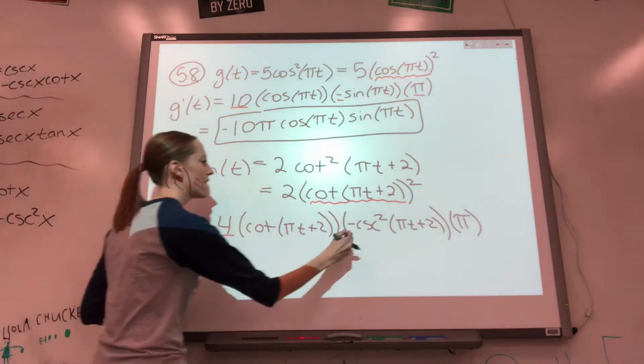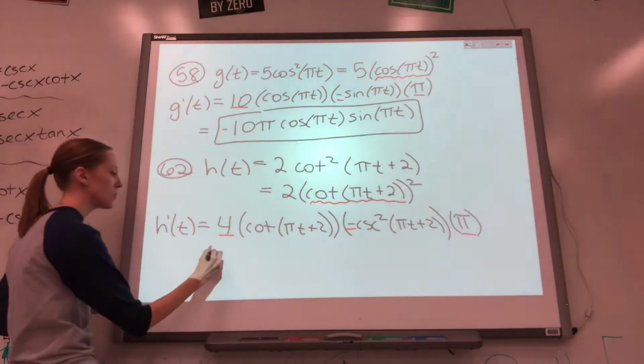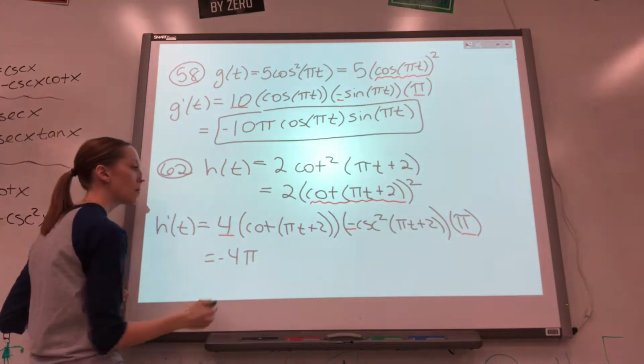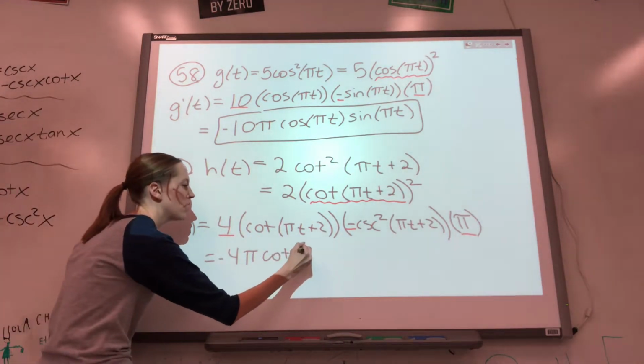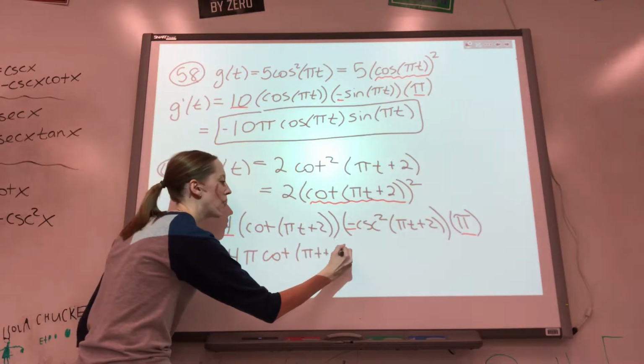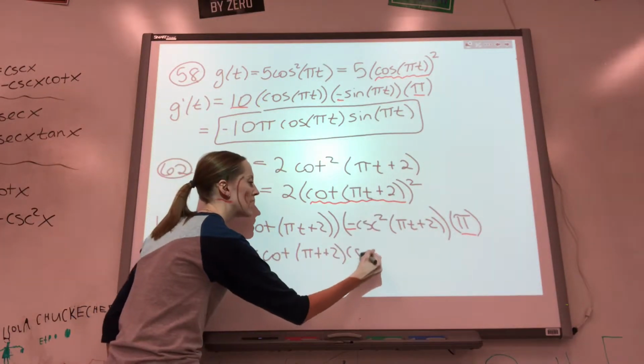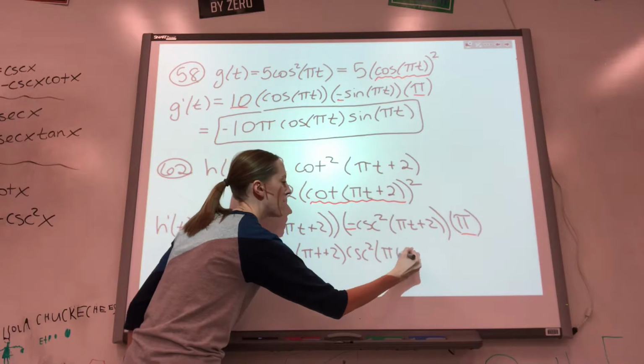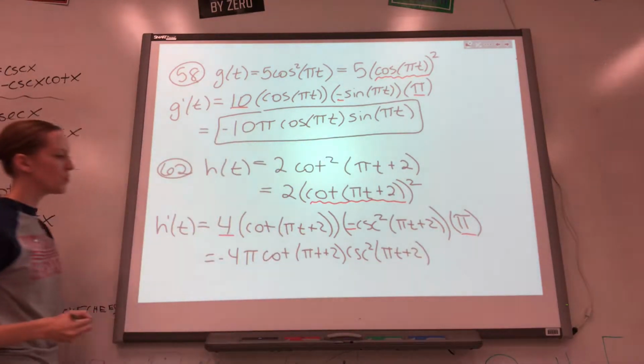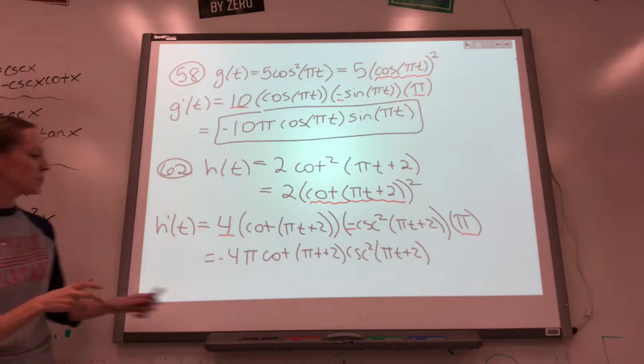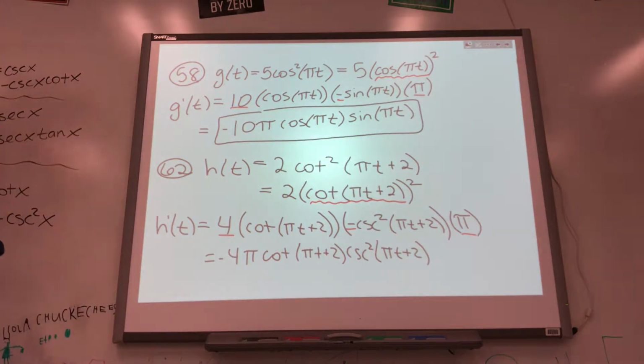So this is your negative 4 pi that was out front, negative 4 pi, and then I'm just going to put cotangent of pi t plus 2, cosecant squared of pi t plus 2. All of that multiplied together.